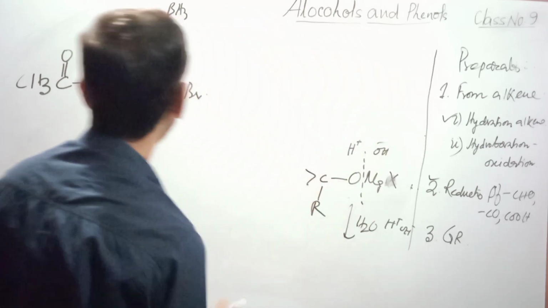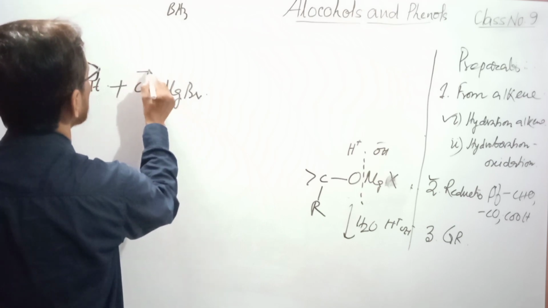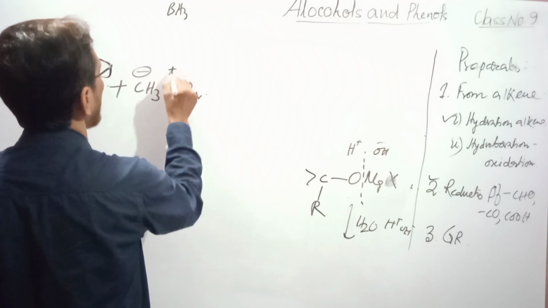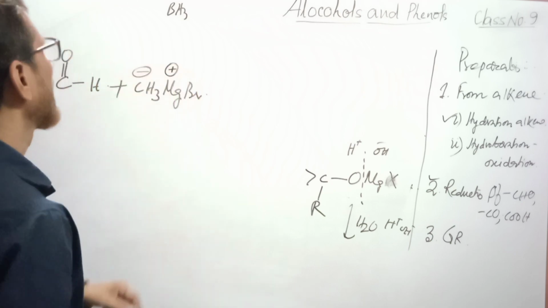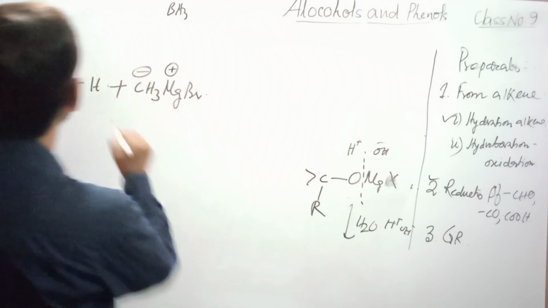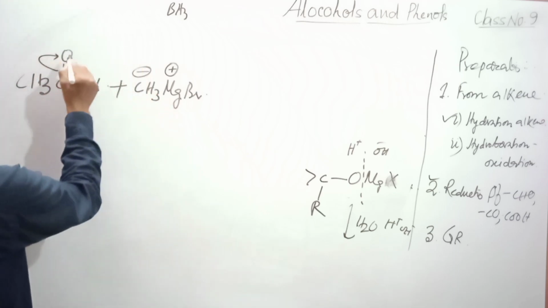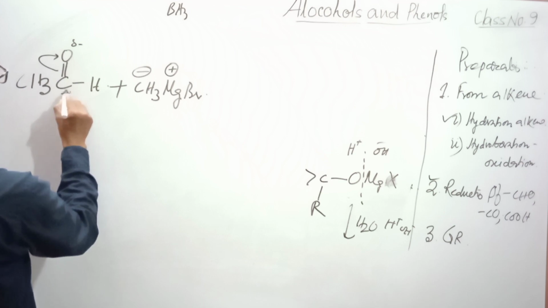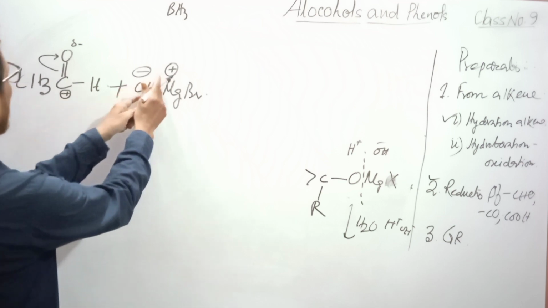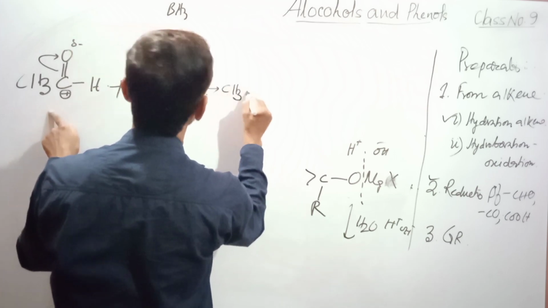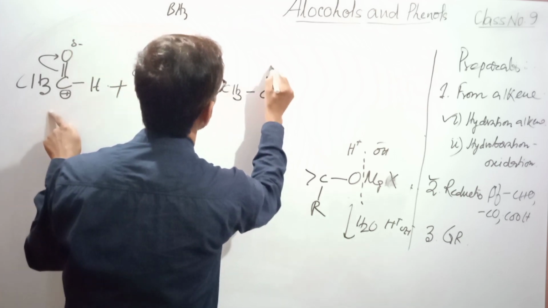So follow my shortcut rule. This is the umpolung mechanism, the reversibility of polarity. This is partially negative, and this is partially positive. Am I right? So the negative part is attached here. So you see the beauty of chemistry. You know the rule and write the answer.